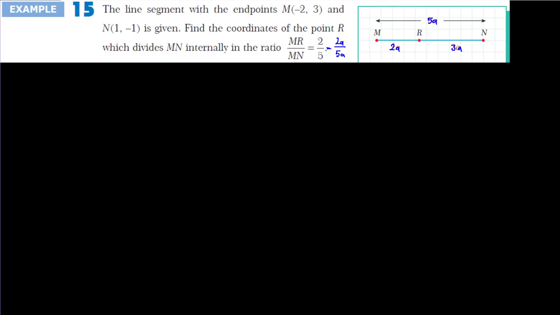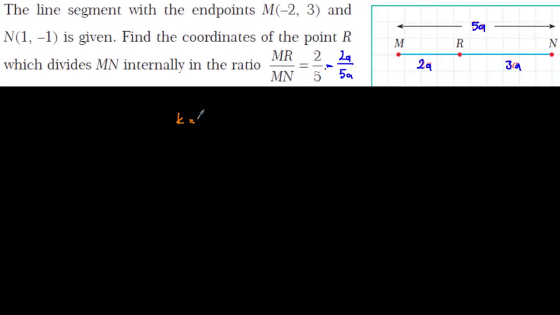Then we can find the k value by RM divided by RN, where the coordinates of M are x1, y1, and the coordinates of N are x2 and y2.